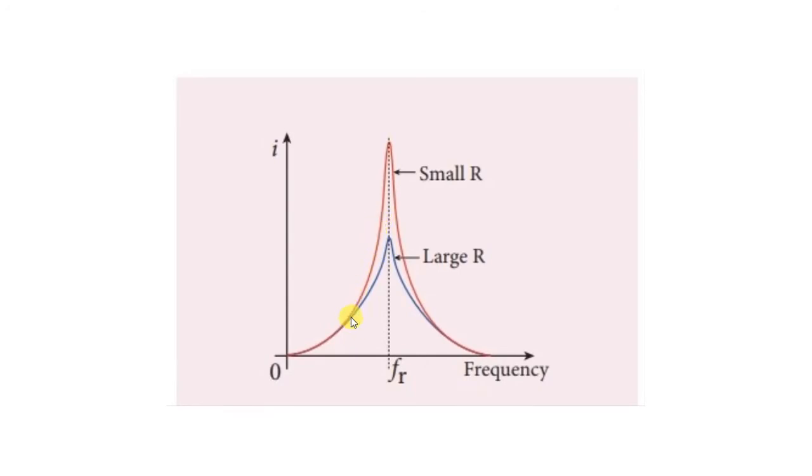So omega 1 minus omega 2 is the difference on the x-axis, which is frequency. If we take f minimum here and f maximum here, then f maximum minus f minimum gives us the bandwidth of the frequency.